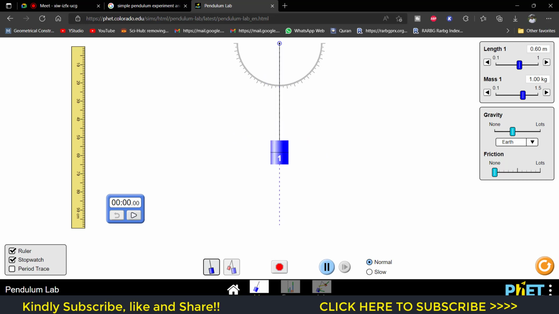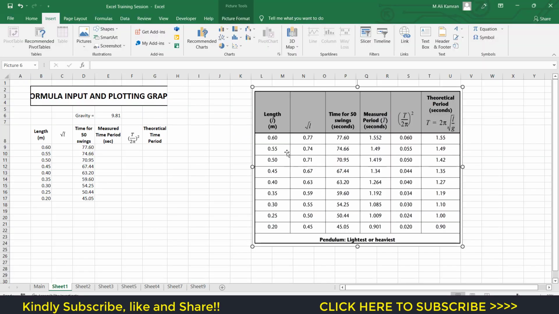So let's say that we get the data for 0.55 meters, we get 74.66 seconds for 50 swings, and similarly so on and so forth. So this is the length, and we got this experimentally, right?